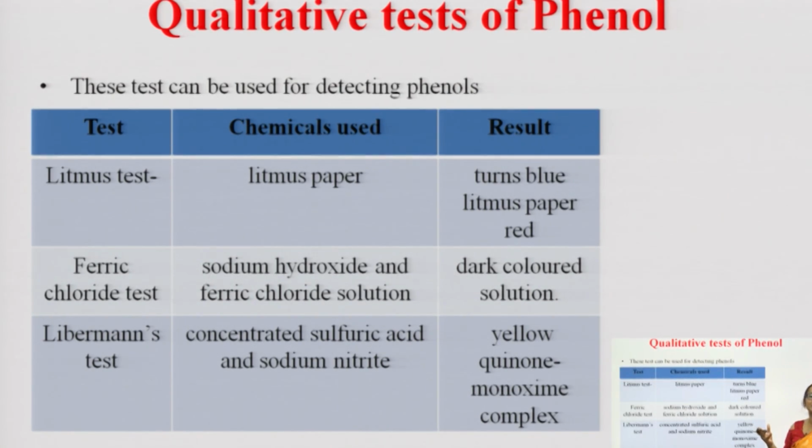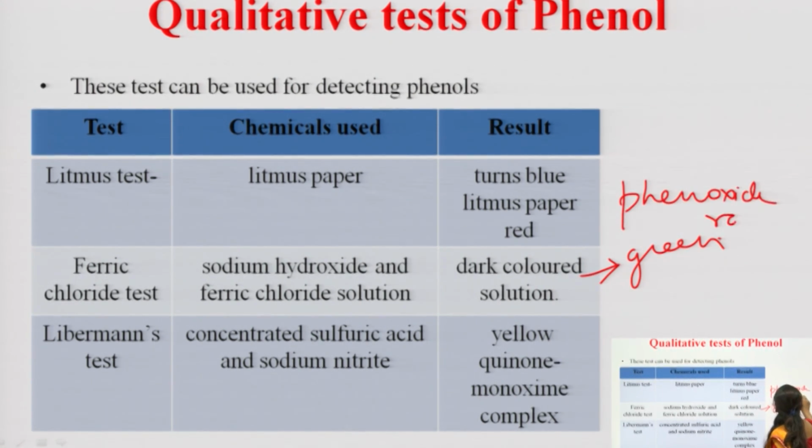And the last topic is the qualitative test of phenol. These tests are very important. When we check our sample with litmus test paper, it turns blue litmus paper to red. This I have discussed earlier. When it is treated with sodium hydroxide and ferric chloride solution, a very dark colored solution, basically of green color, is obtained due to the formation of a phenoxide complex, right.